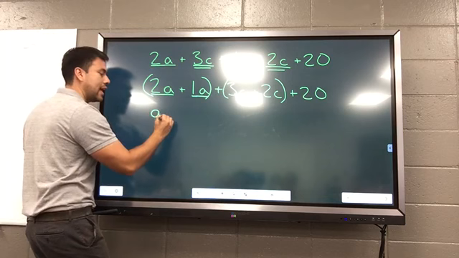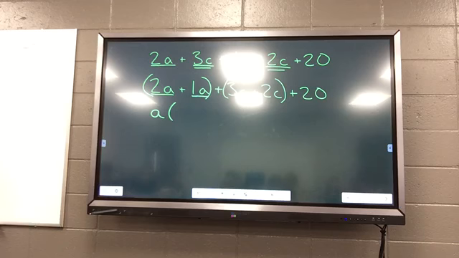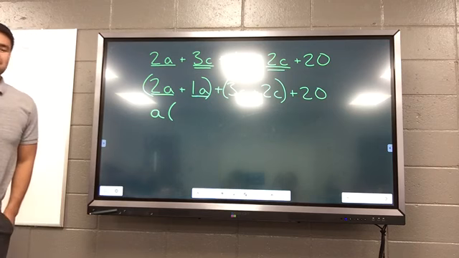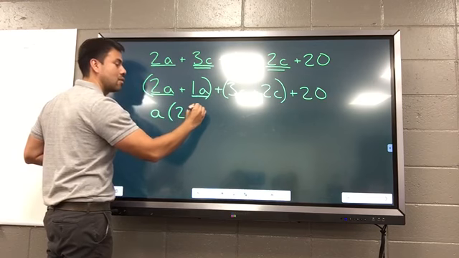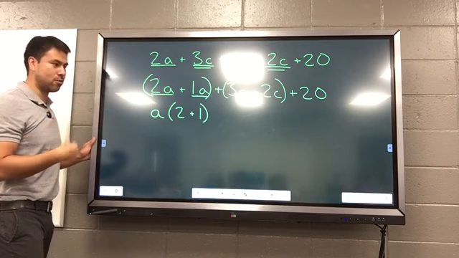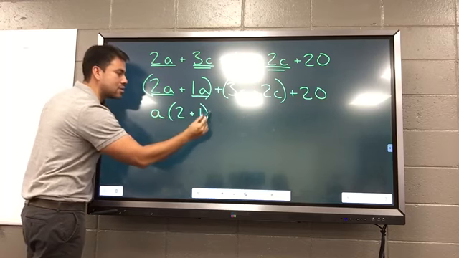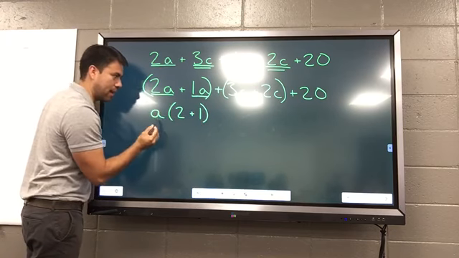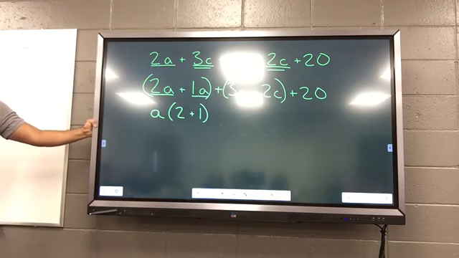I'm going to take that a out, and then what goes in parentheses if I'm using the distributive property? 2 plus 1. I need you to confirm with me before I go further, because if I just make stuff up, this is really bad. Is a times 2 plus 1 in this format the same thing as what it originally was? Yes. So I did not change things.